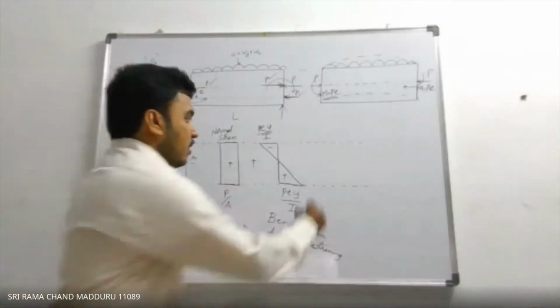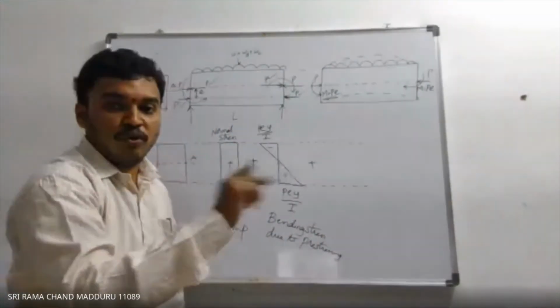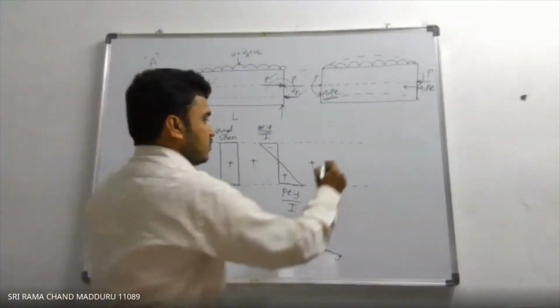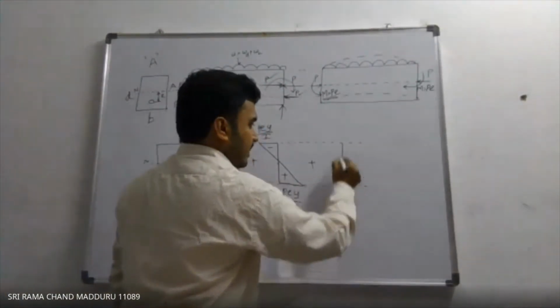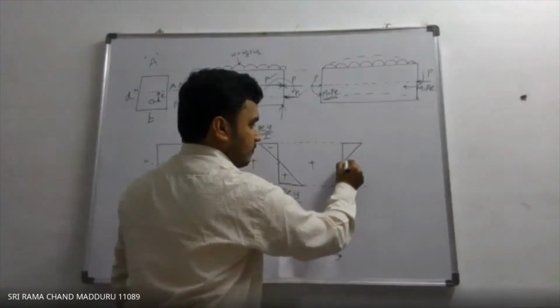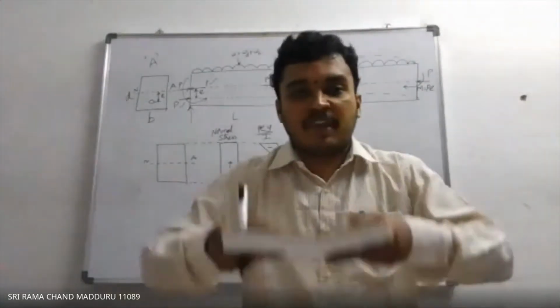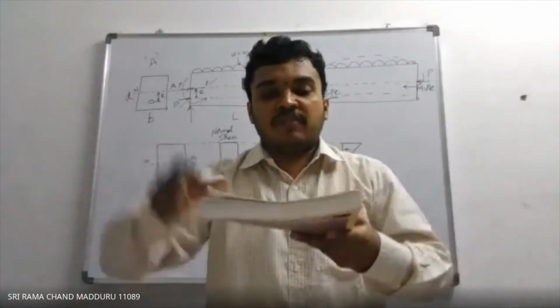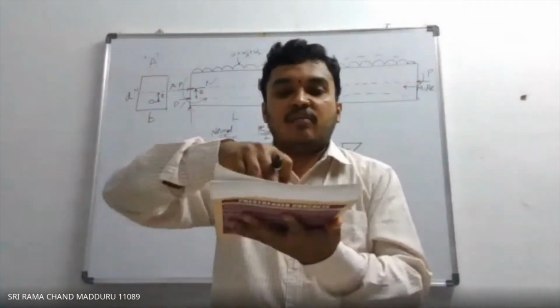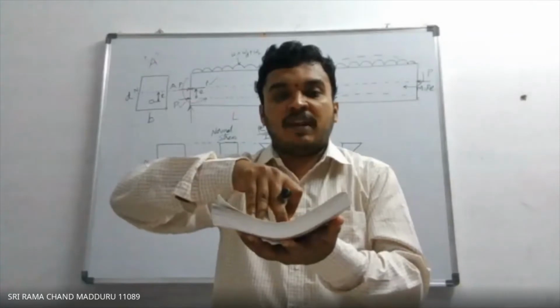Third one, bending stress due to loading. So when bending stress due to loading is drawn, you will get it like this. We know when the loading is happening, for example, if I apply a UDL here, what happens? The beam will try to bend like this.